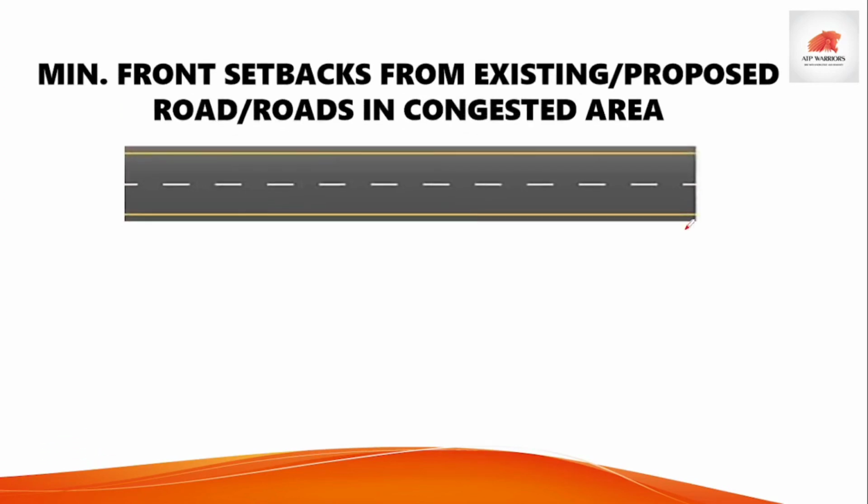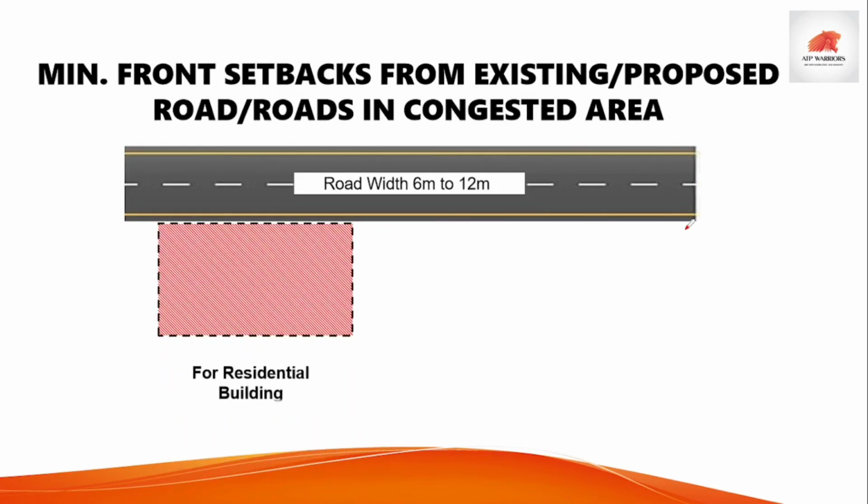So for the road width 6 meter to 12 meter for the residential building, the front marginal distance, again, is not from the center of the street, it is from the boundary of your plot, that is nothing but 1 meter.